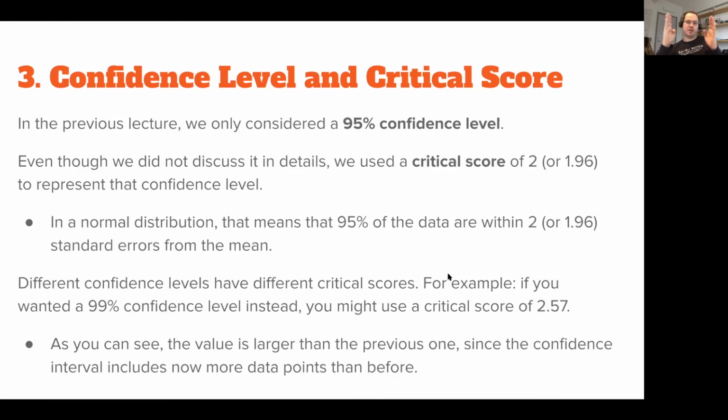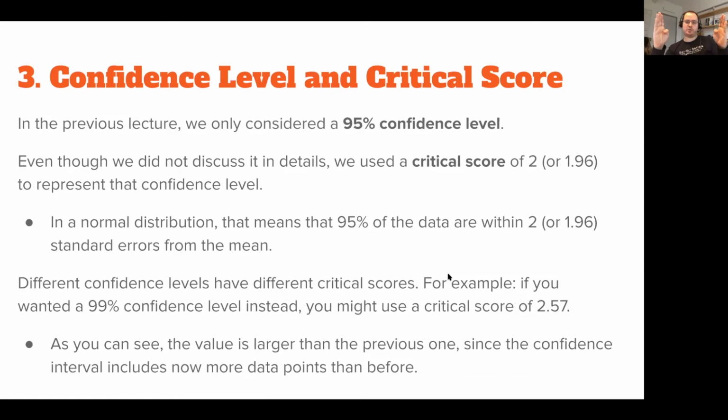You have the lower end of the interval and the higher end of the interval, which is minus 2 standard errors and plus 2 standard errors. That's 95%. Now imagine you say, look, 95% is actually too little. I want more confidence. I want to have 99% confidence. Your critical score actually has to go up a little bit, and you have to open up the interval a little bit.